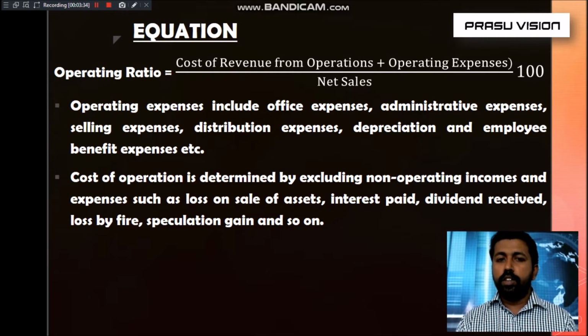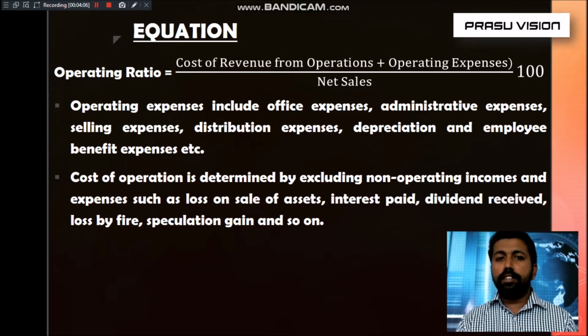Don't take non-operating incomes and expenses like loss on sale of asset, interest paid, dividend received, interest paid on bank loan or debentures, and also loss by fire or any speculative gain. Whatever comes under non-operating expenses and incomes, do not take while calculating the operating ratio.